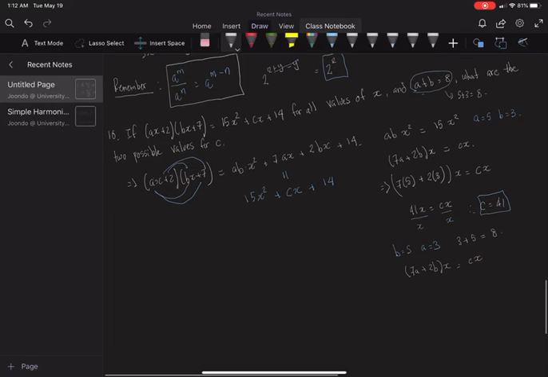So we plug in: 7 times 3 plus 2 times 5, x is equal to cx. So 21 plus 10, that is 31. 31x is equal to cx. We divide by x, and we get c is equal to 31.